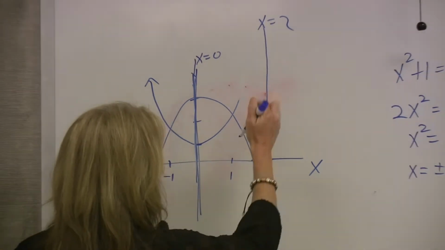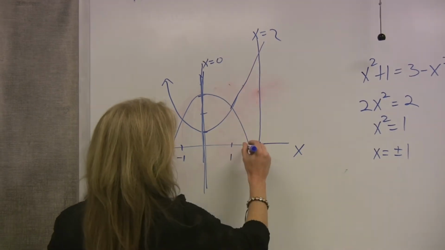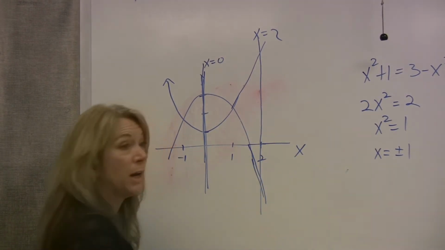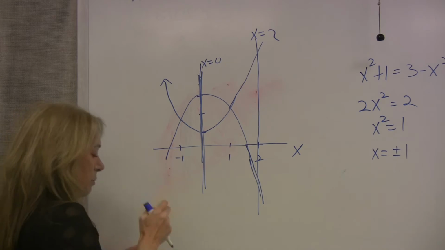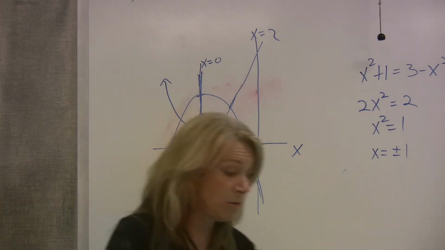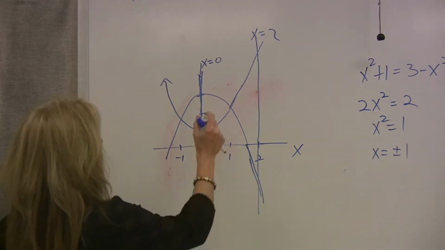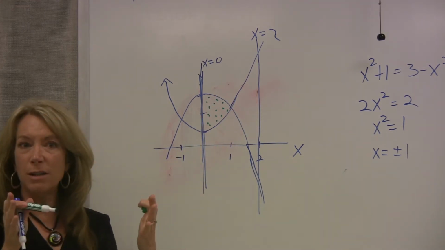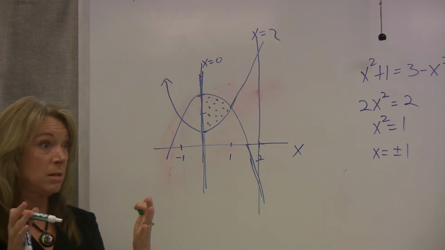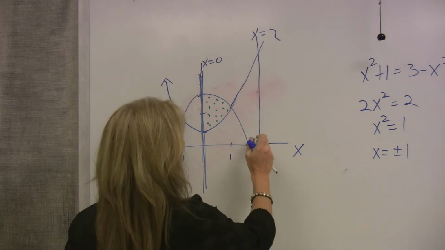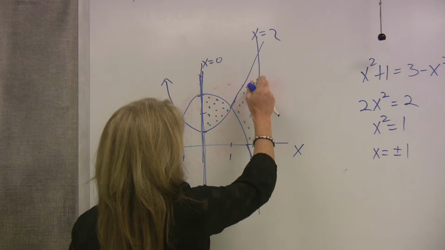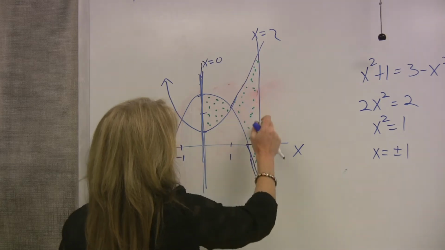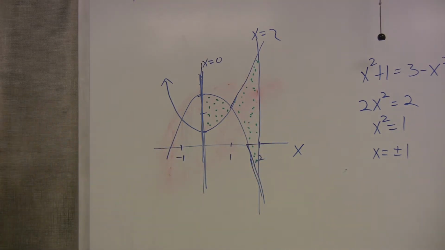This part right here is in between the 0 and 2 and in between the parabolas. And this part over here, I think it looks like a fish. See the fish? That part over there is also between those parabolas and between 0 and 2.